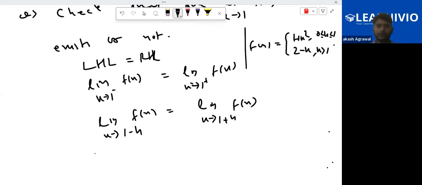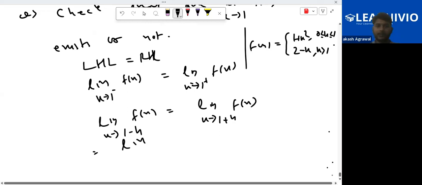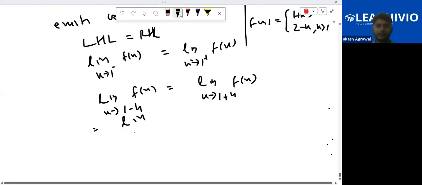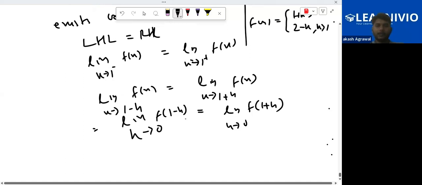Okay, how to solve this? Here you can find LHL very simply like this: limit h tending to 0, f of 1 minus h, and RHL should be limit h tending to 0, f of 1 plus h. If you put this value in the function itself and put h equals to 0, you'll get the answer.